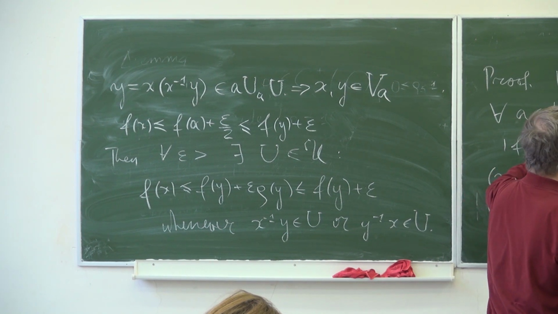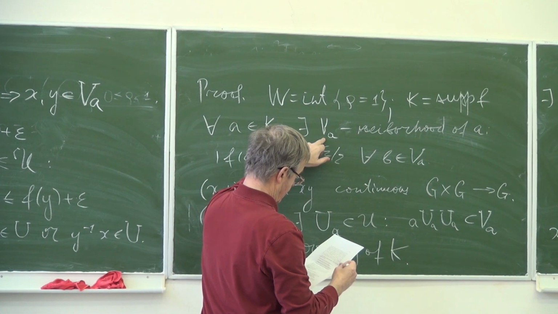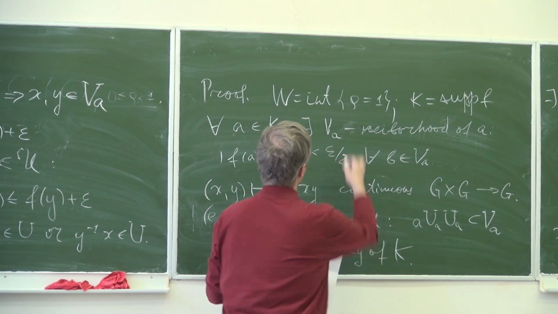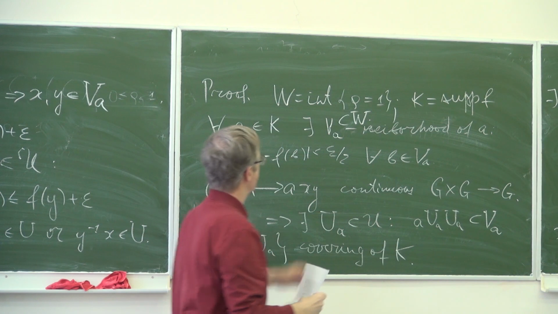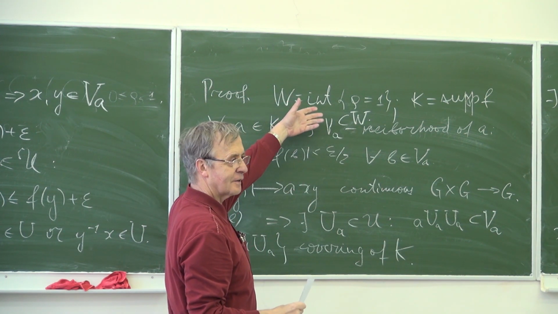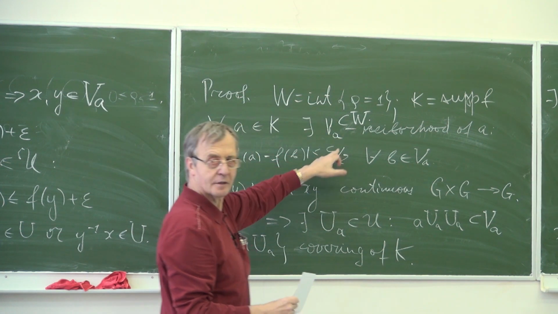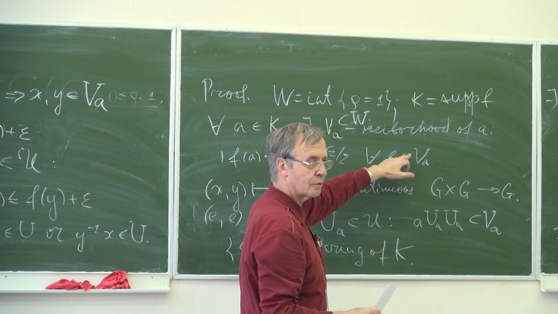So, I forgot to say that we may take this VA in W. So everything happens inside W, and on W our function rho is equal to 1.